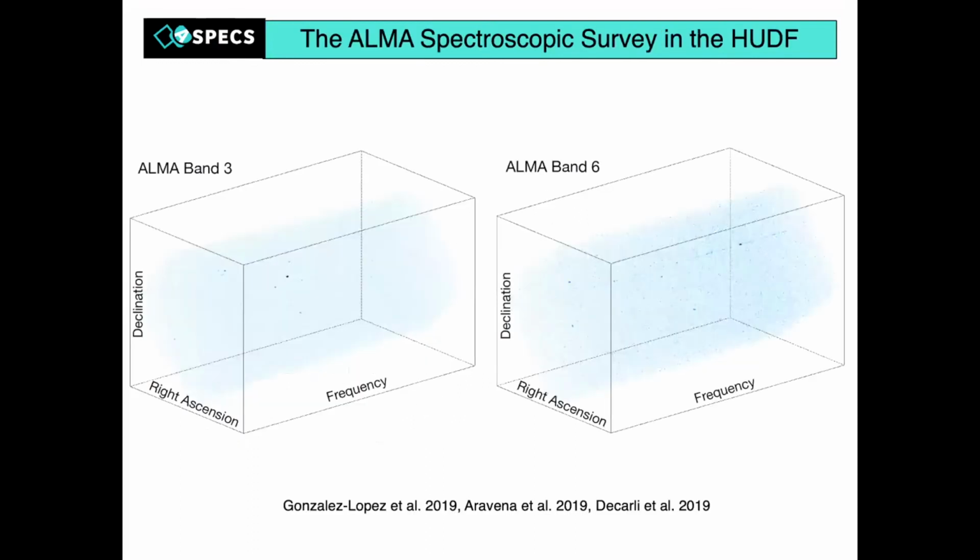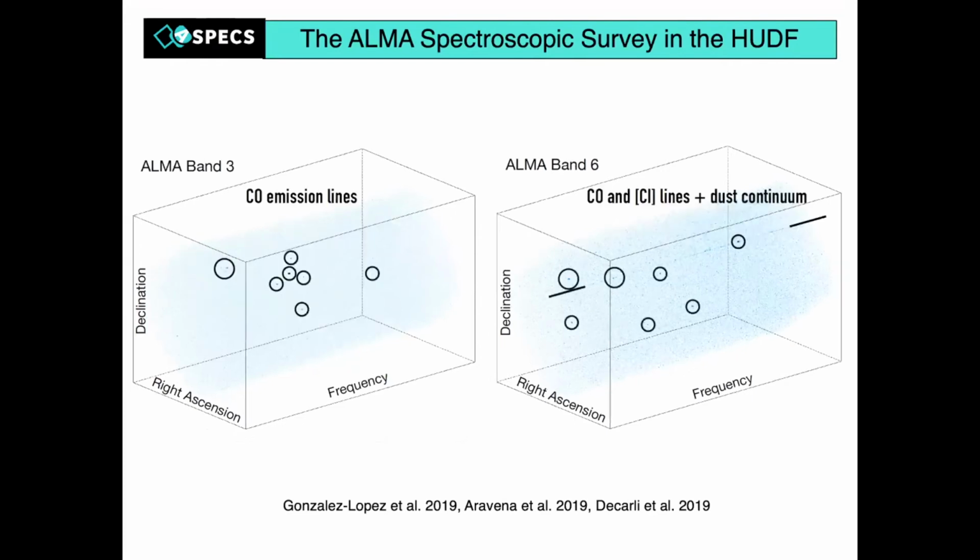So here you can see the actual ALMA band 3 and 6 data cubes in the UDF. Given the number of independent beams and frequency elements, or whatever you call them, spaxels, it is hard to see the individual detections, so I have to point them out a little bit here. So it's easier with a little help. And these are definitely not all the detections that we have obtained, but just the most visible in this data cube.